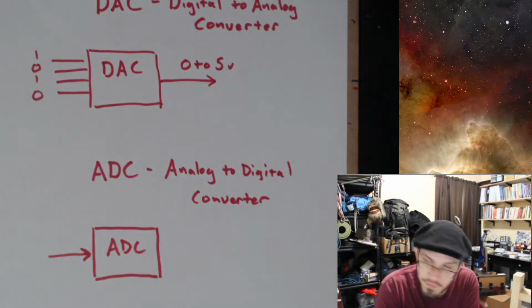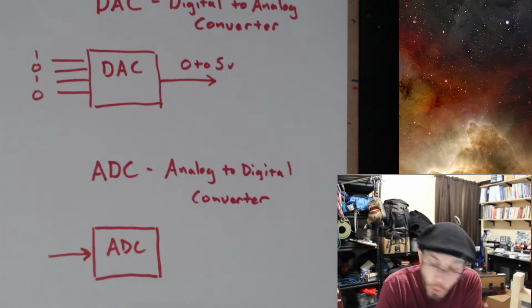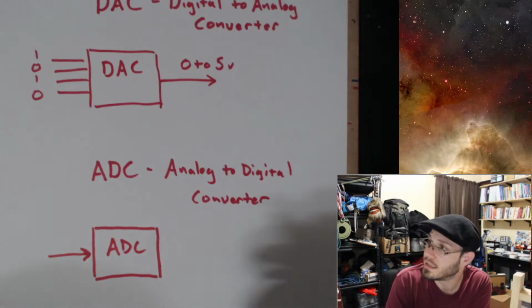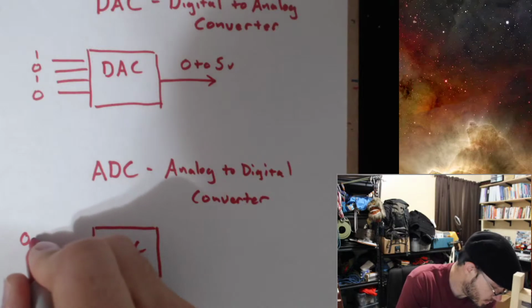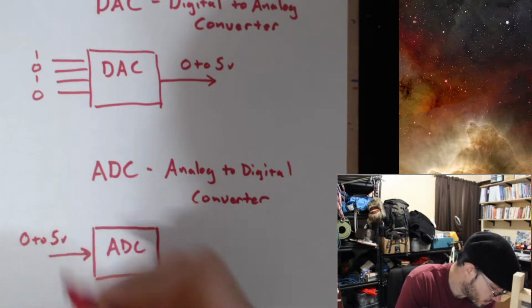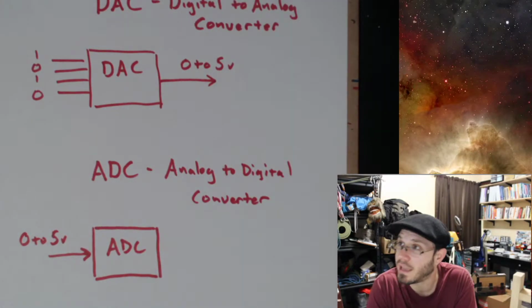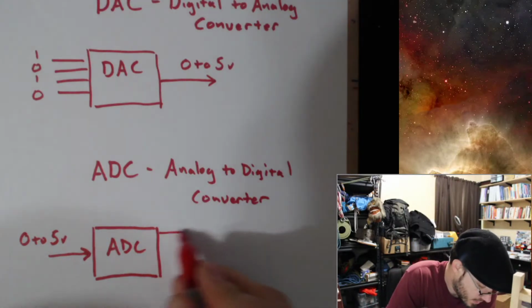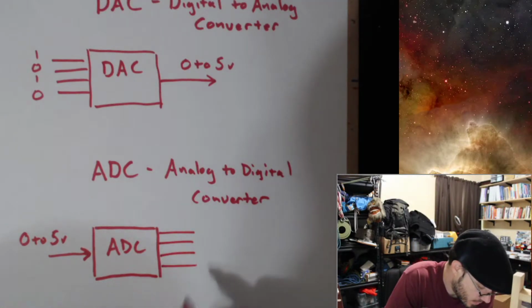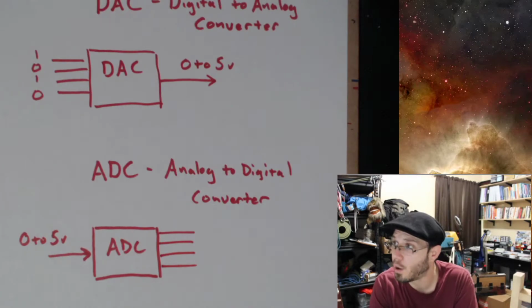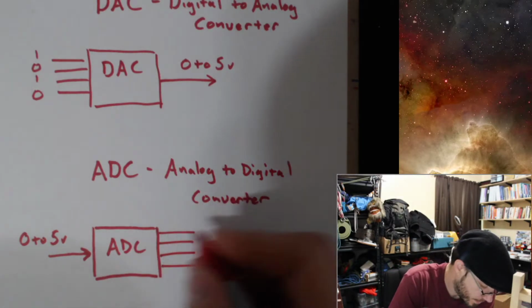So you go ahead and you feed it some voltage on the continuous range of, say, 0 to 5 volts. And what you get out of it is a bunch of wires where each wire holds 0 or 5 volts.